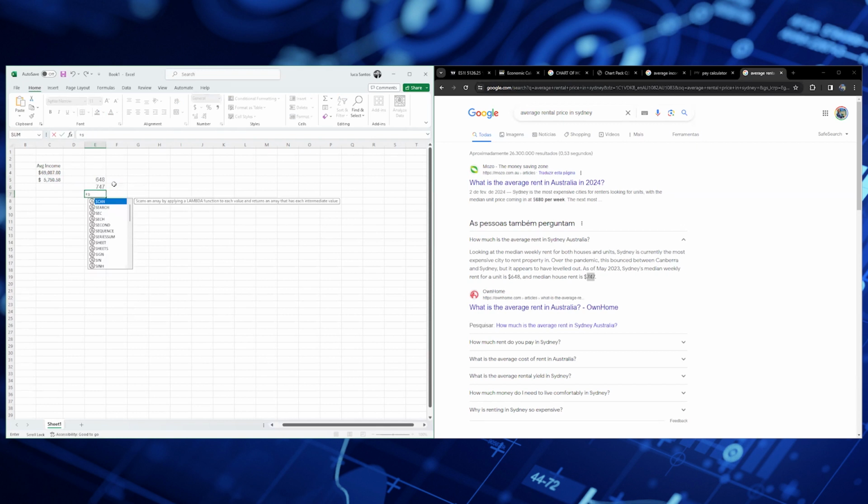Now this one divided by 2. So the actual average is somewhere around $697. Average rental per week.